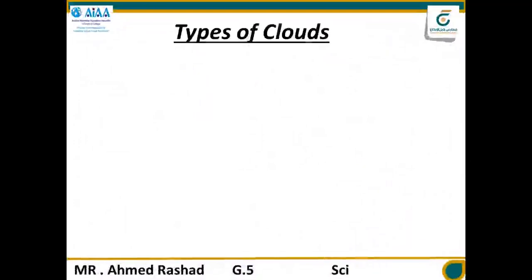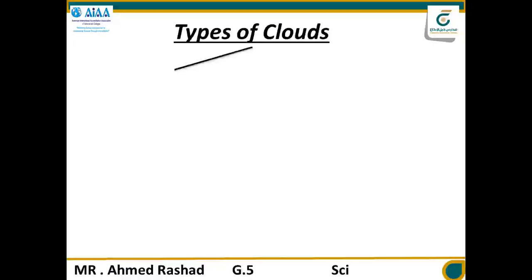Now we're going to talk about the types of clouds. One of you asked me about the clouds. They have different kinds of clouds. Yes, clouds differ in shape and in the amounts of water or ice crystals in them. For types of clouds, we have five main kinds.